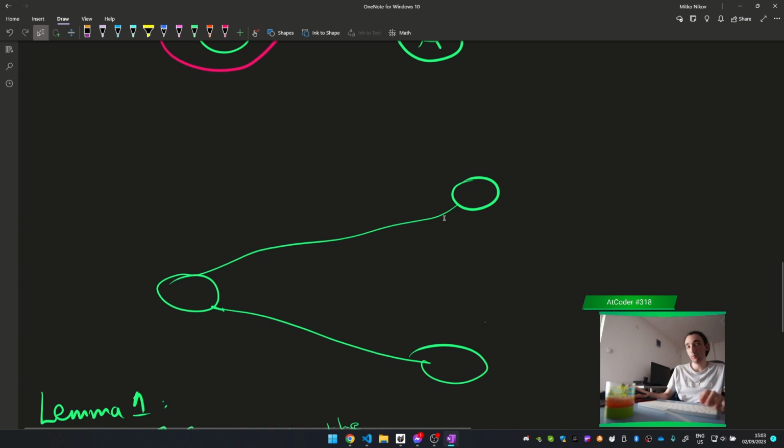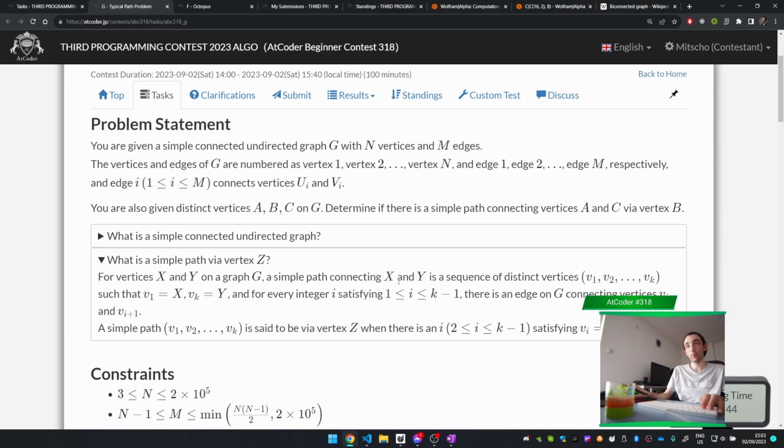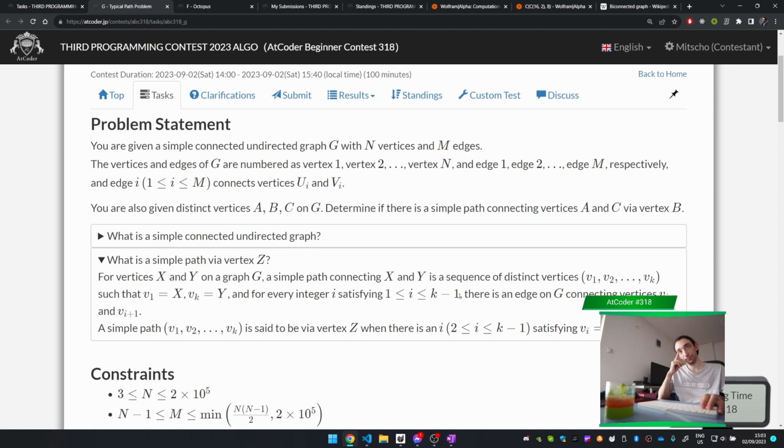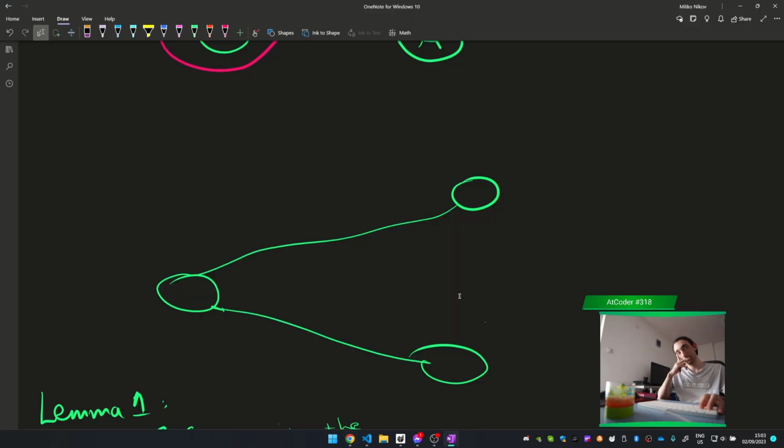A simple path connecting X and Y is a sequence of vertices such that all of them are distinct, with an edge connecting consecutive ones.